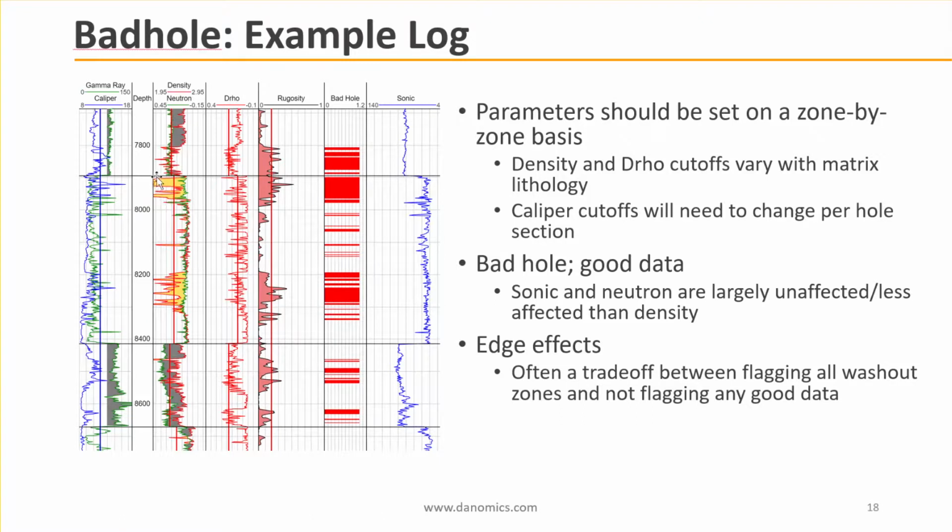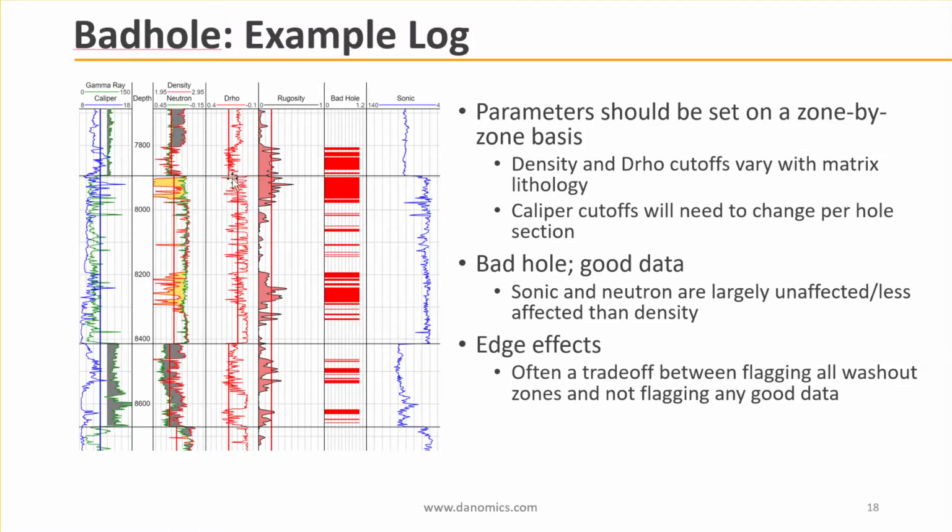Up here we see the density dropping down as low as like 1.9, 1.95, which would imply more than 30% porosity. That seems unlikely, so we need to flag this as washout so we can then try to exclude this from our analysis or repair the logs.